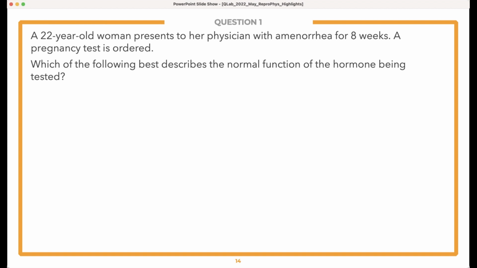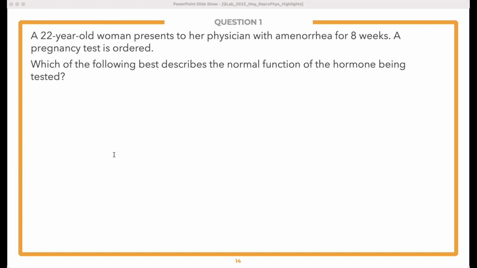Thank you, Jeff. So you can see here we've got another short question here. In this case, you generally want to make note of the demographics you're being given in a question. Now this is not exactly your typical clinical question, but you do want to make note of the fact that this is a 22-year-old woman. And usually after they give you demographics, they'll tell you why the patient is seeing the doctor, why they're at the hospital.